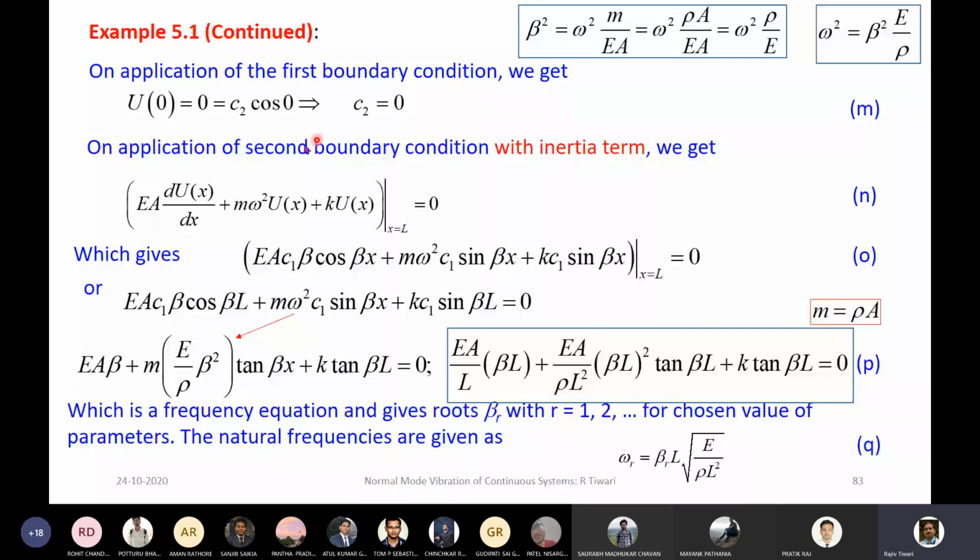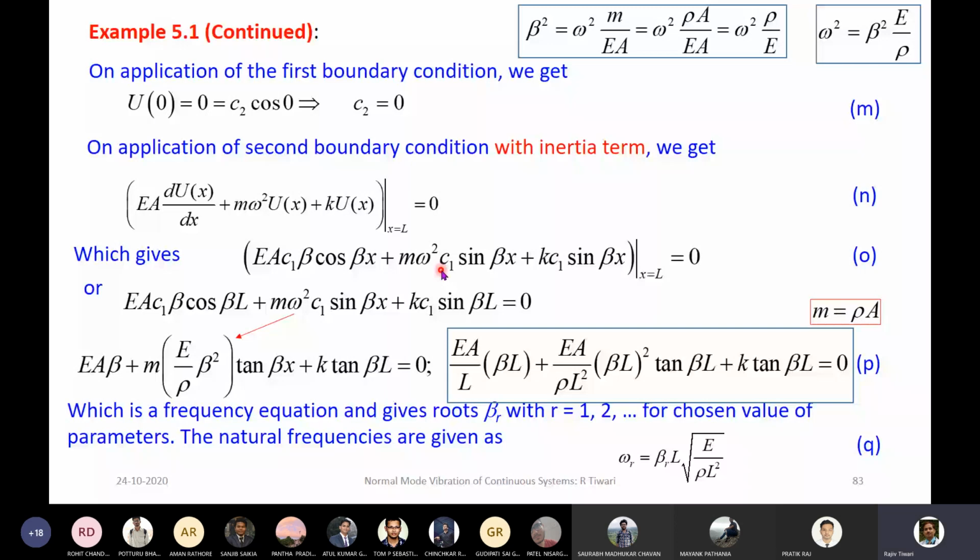Now if we substitute, we'll get three terms in that because we need to substitute here also. Once we put x equal to L in place of x, we'll get this equation. Now here you can see that omega square is also there. Omega square is the natural frequency which is coming into the boundary condition because of the disk.